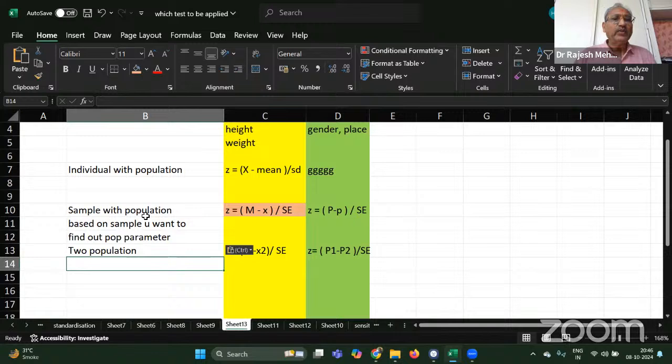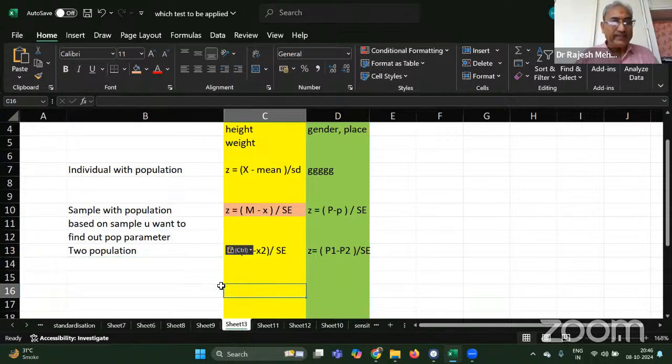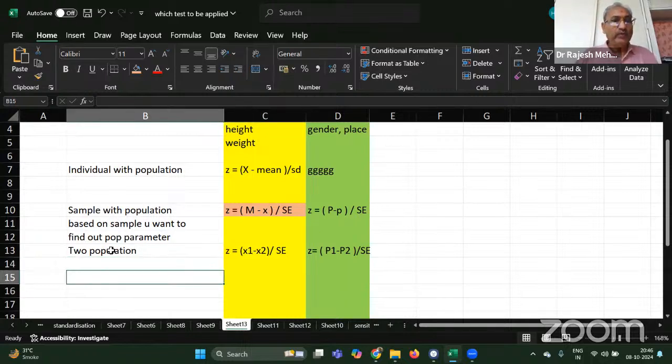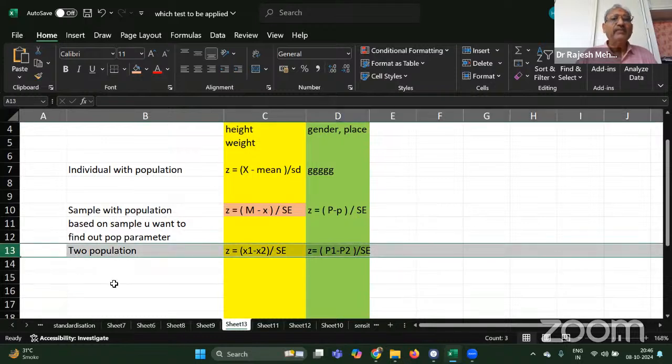And another use was that based on a sample, you are telling whether this sample belongs to the population or not. That was the dual purpose of both these formulas. While in this case, when you want to compare these two populations, you have only one purpose: whether these two populations differ significantly or not. That's why this is relatively simple.